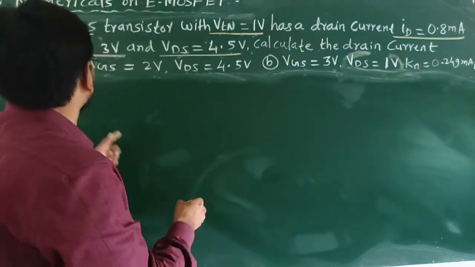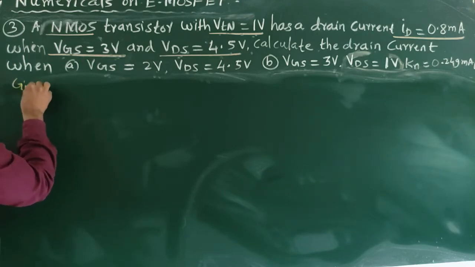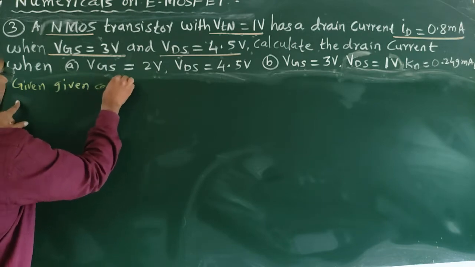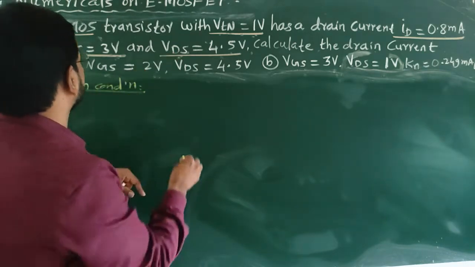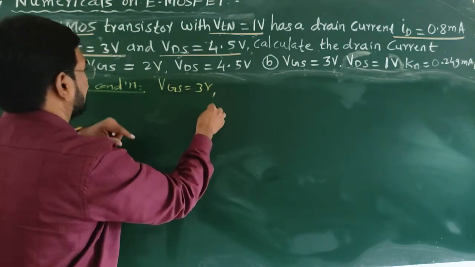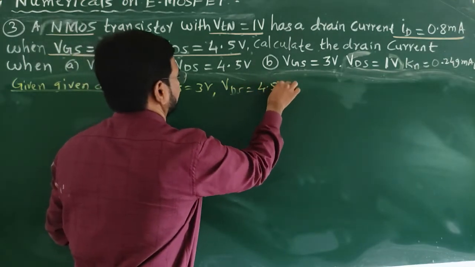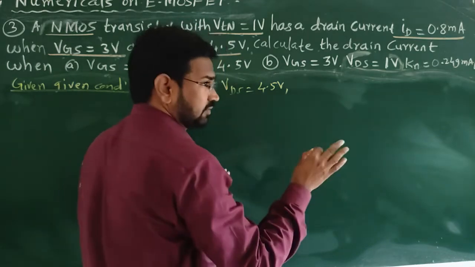The first condition is here. I am labeling this as the given condition: VGS is 3 volt and VDS is 4.5 volt. Now, how to check the working region of the transistor?